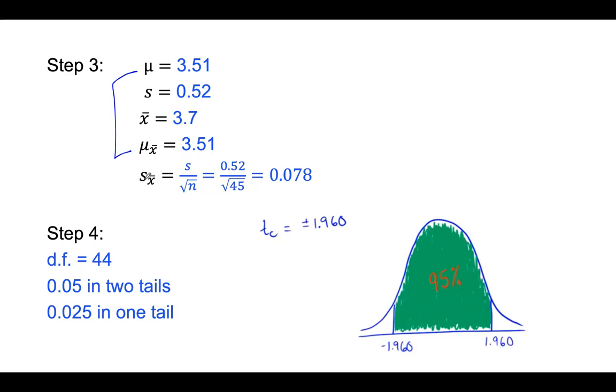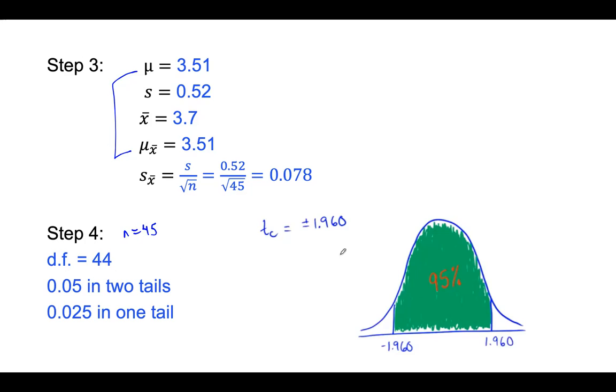And we can compute our S X bar, which is S divided by square root of N, that central limit theorem, and get 0.078. Now, again, the degrees of freedom is N, which is, I think, 45, minus 1, which is 44. Now, it's a two-tailed test.